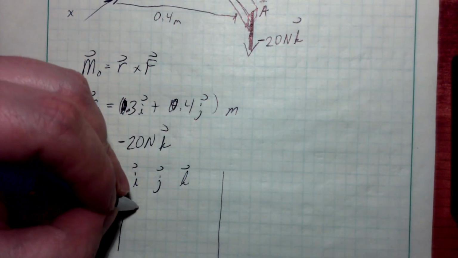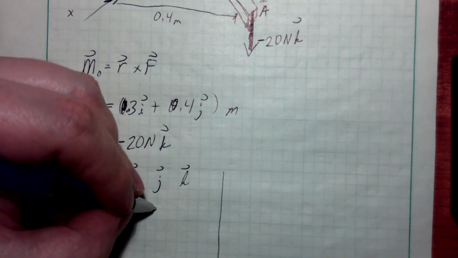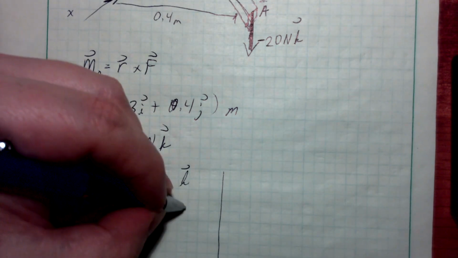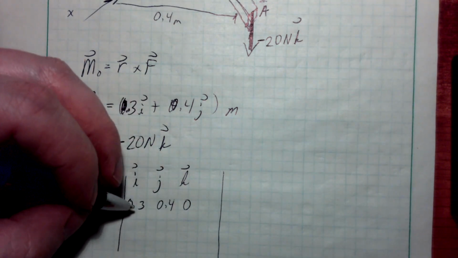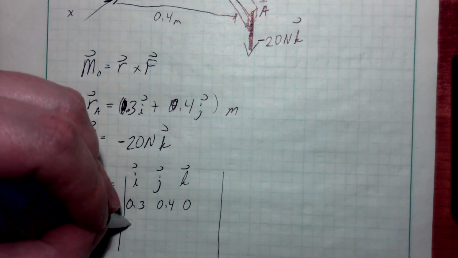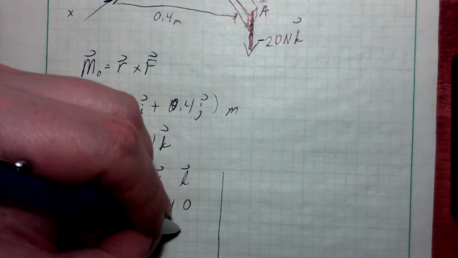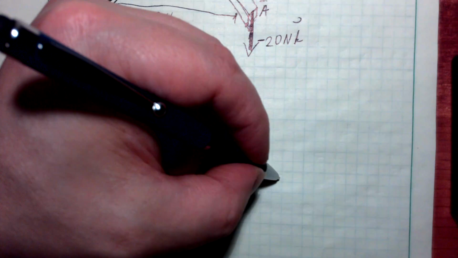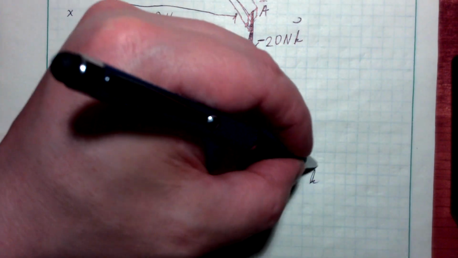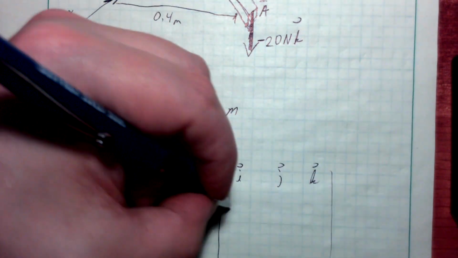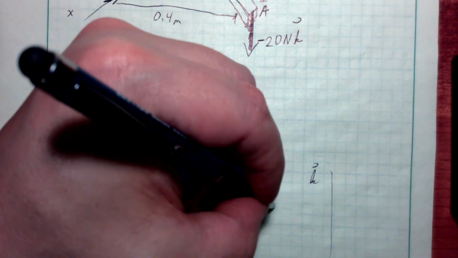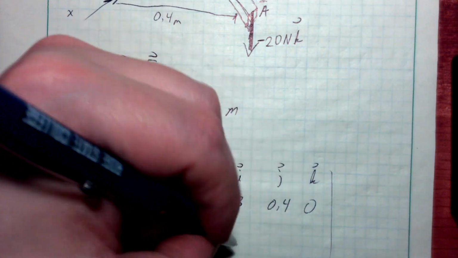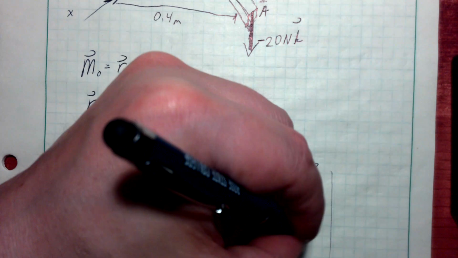Just be consistent and have something that works. 0.3, 0.4, 0, so the components of the r vector. Components of the force vector, that's 0, 0, and minus 20. And then I do the diagonal method, which means I repeat these values: 0.3, 0.4, 0, 0, 0, minus 20.